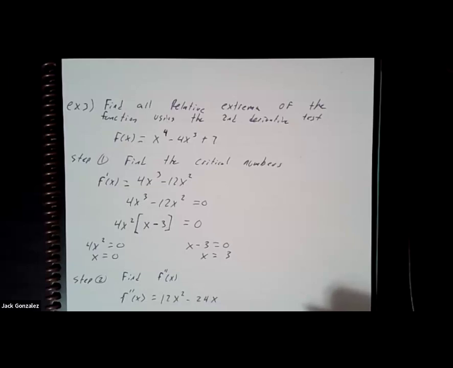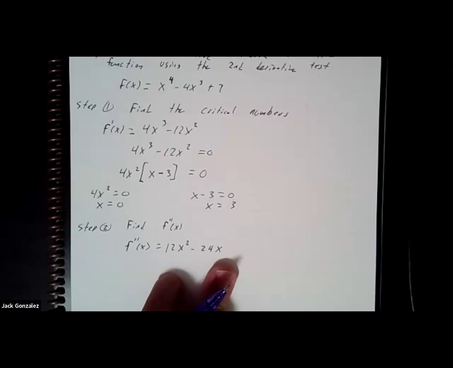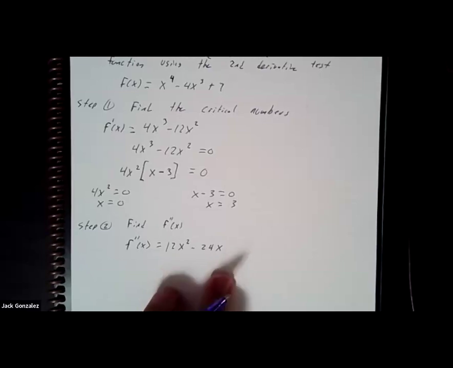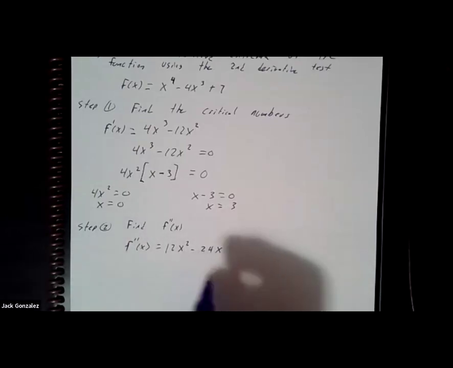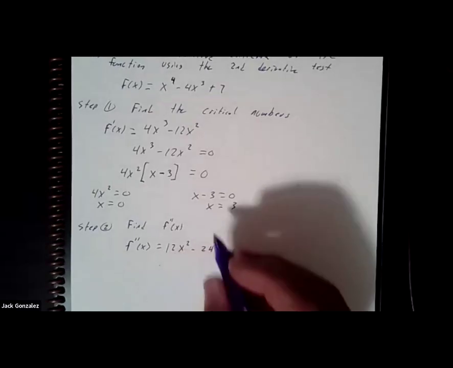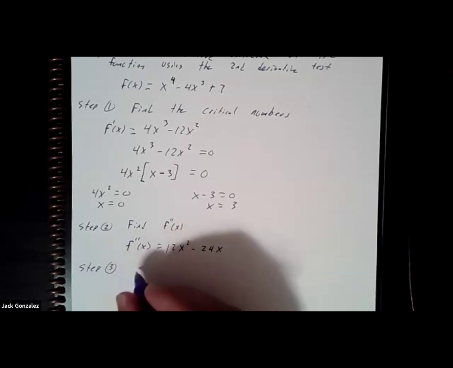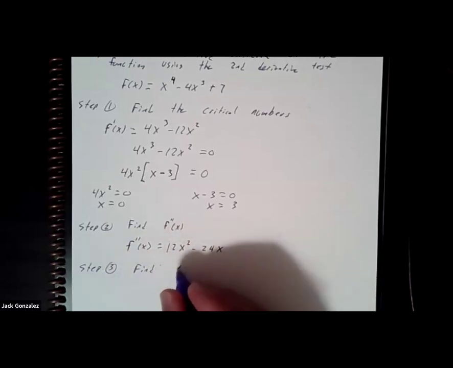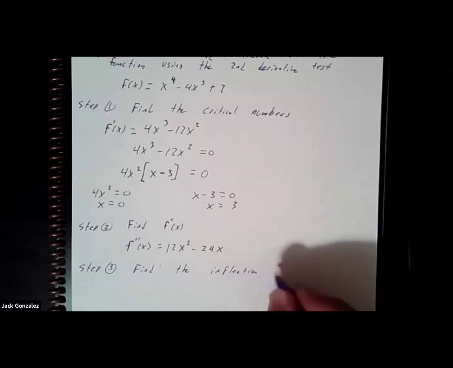All right. So now once you have this, set it equal to 0 and solve for your x's, and then you'll have one or maybe more inflection points. We'll see. Looks like 2. Find the inflection points.